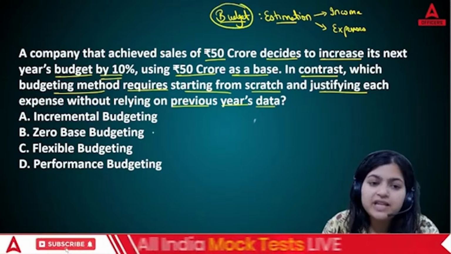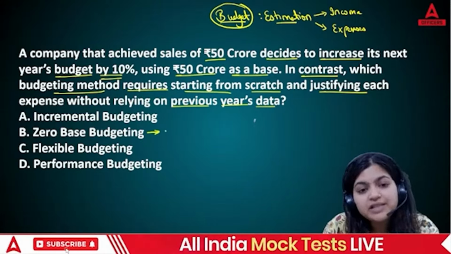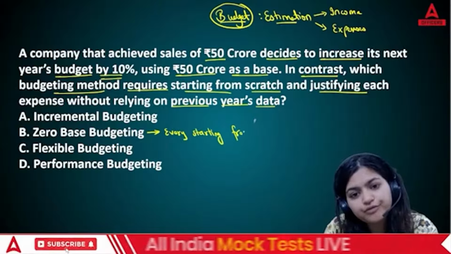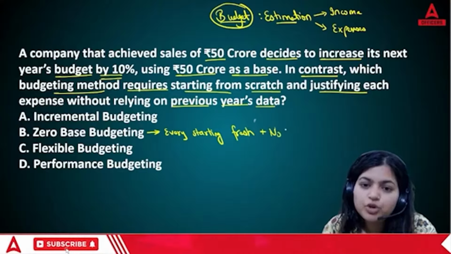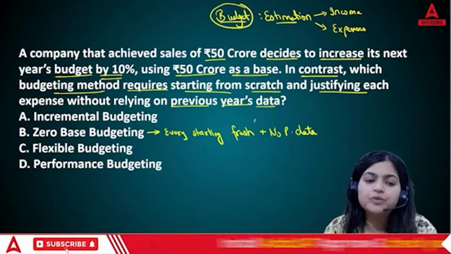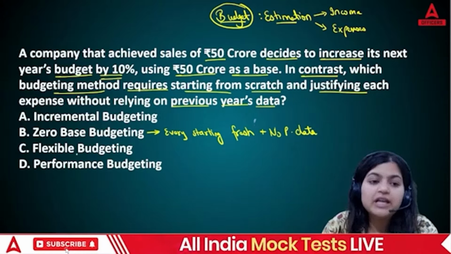First is zero based budget. It means every year you are starting fresh, no previous data will be included here. Always you need to start fresh. That is zero based budgeting. Then performance budgeting.